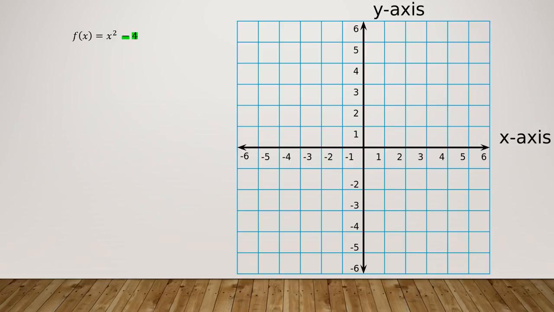You'll see the difference. Now, when a number is attached to the function, that's the vertical shift. And we plug in our numbers. And I plugged in a few extra numbers because that -4 is going to move it a little bit. So that's why I had to put in some extra numbers. And there's our points.